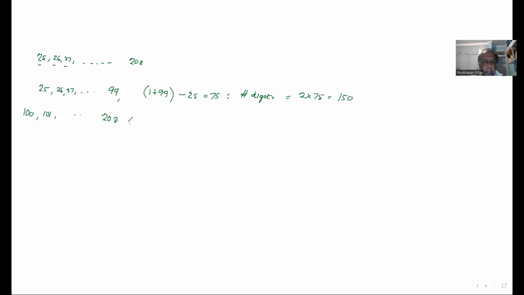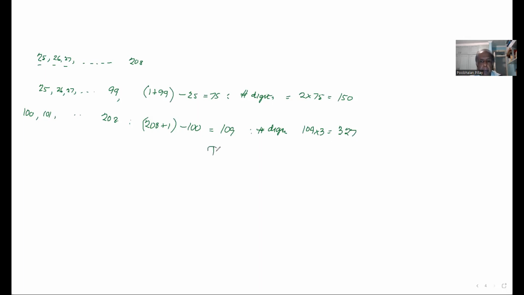And likewise, if you want to work out the number of digits here, you increase 208 by 1 and subtract 100, and that gives you 109. Then you multiply that by 3 to get the number of digits there. So you get 327.